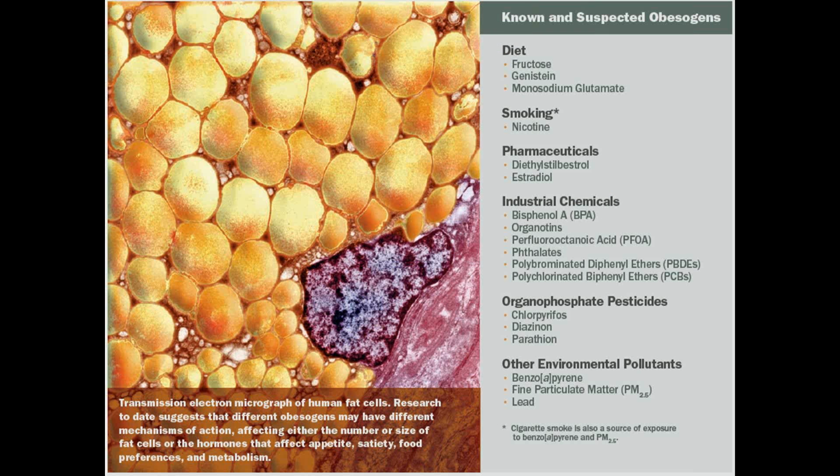Take, for example, MSG at the top of the page. And then known problems like BPA, phthalates, and then at the very bottom, just a very much abridged list, lead is a heavy metal. These are substances that can not only disrupt our hormonal signaling with lots of other consequences, but can also conspire to make us gain weight and disrupt our metabolism.